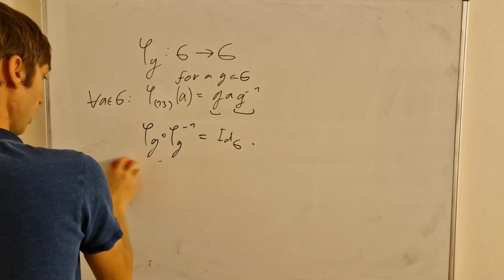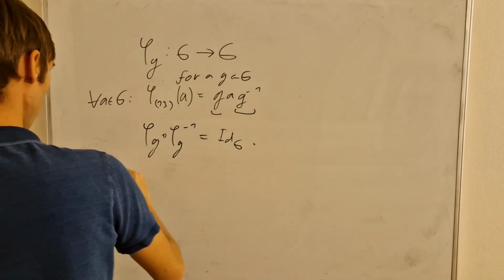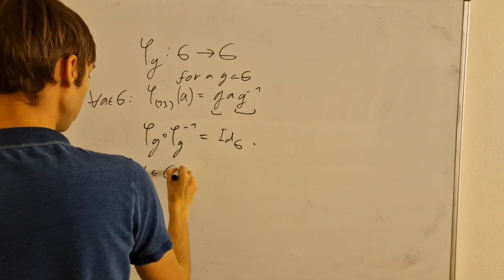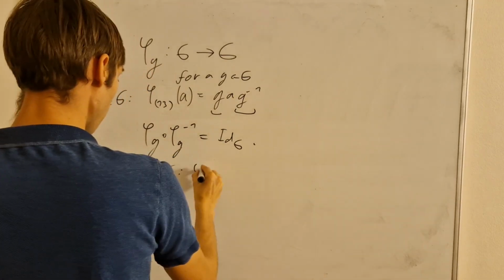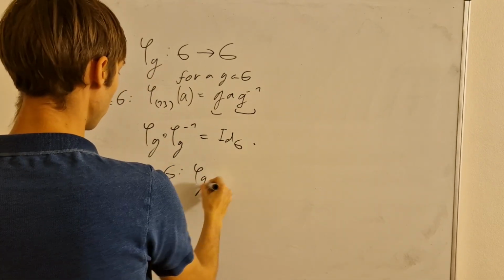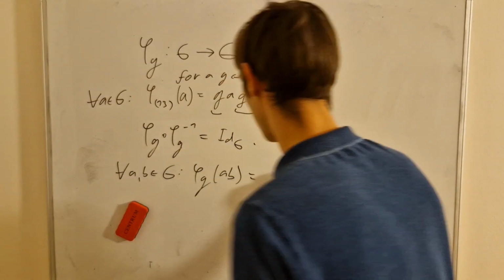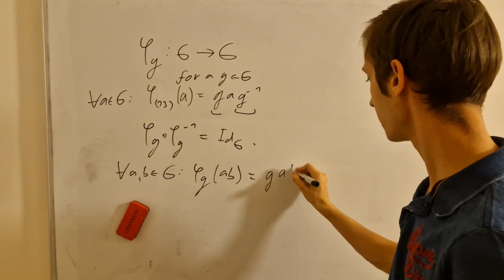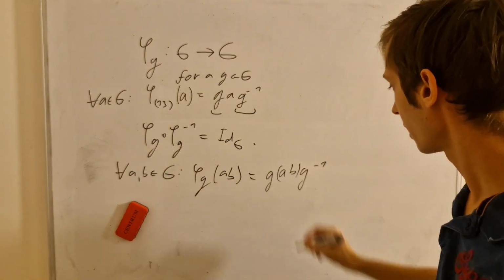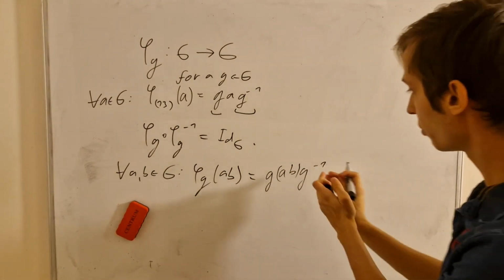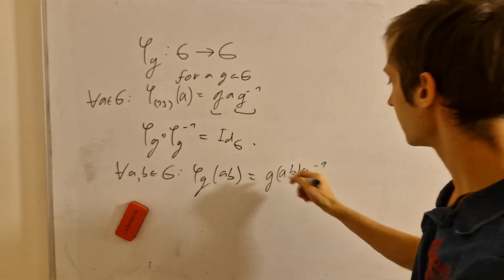So for any A, B in G, let's see how it acts on both of those elements. Well, if we apply it to AB, what happens is we get G AB G inverse, and we can put an identity in the middle.